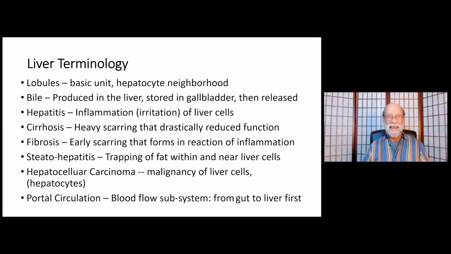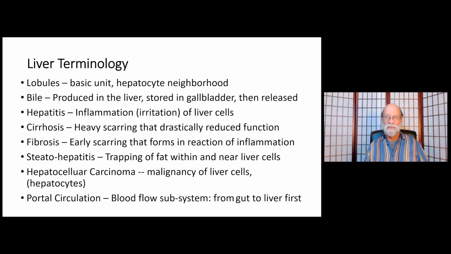Hepatitis is just a general word for inflammation or irritation occurring in liver cells. And when those liver cells are irritated, they generally function to some degree, maybe not as well as in the absence of irritation, but what's most important is what happens after inflammation. That is, if inflammation is allowed to continue for long enough at a high enough level, there is a likelihood of two things happening.